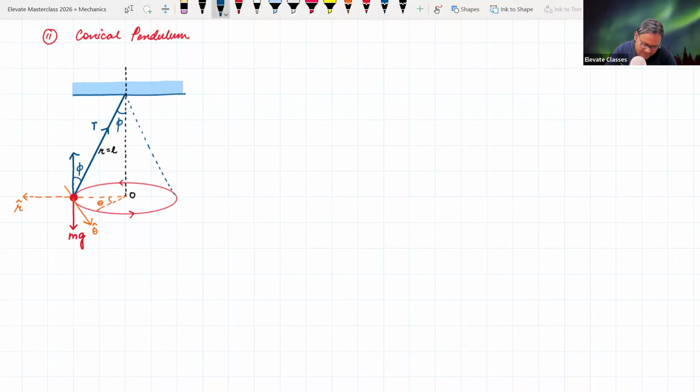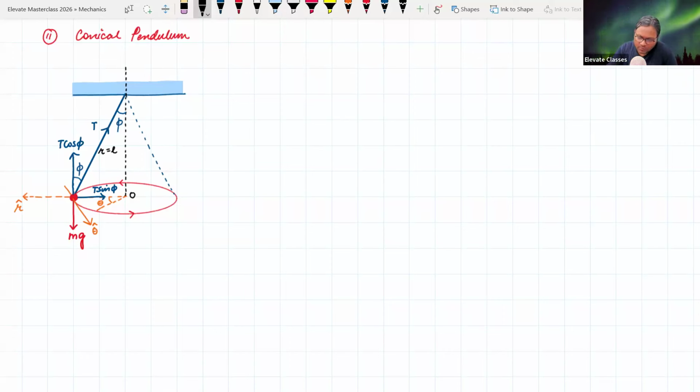This I can resolve as T cos phi, and this I can resolve as T sin phi. I have resolved T cos phi and T sin phi, and that is enough. I have done everything.